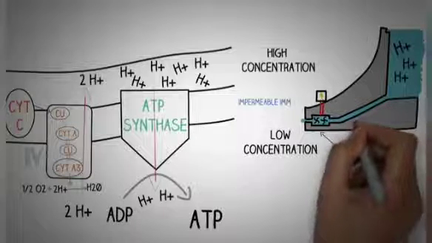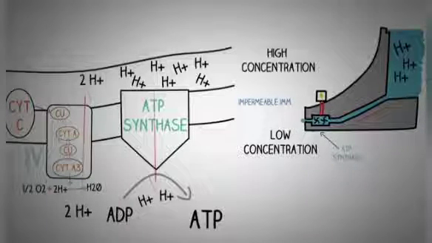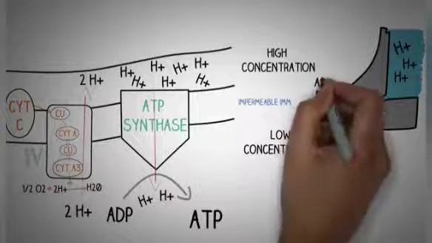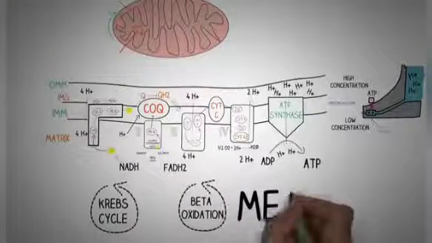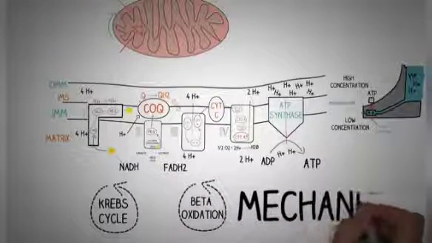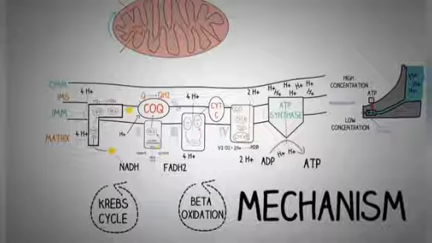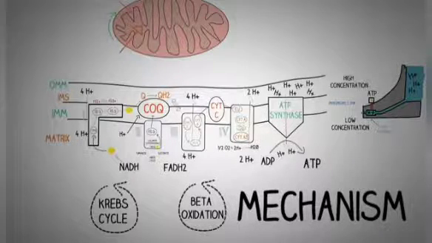When the water flows from a height, which is compared to the flow of hydrogen ions from a higher gradient to the lower gradient, this causes the spinning of turbines inside the dam, which can be compared to the functioning of ATP synthase. The power generated inside the dam can be compared to the adenosine triphosphates generated through the ATP synthase. So this was the mechanism of working of the electron transport chain.